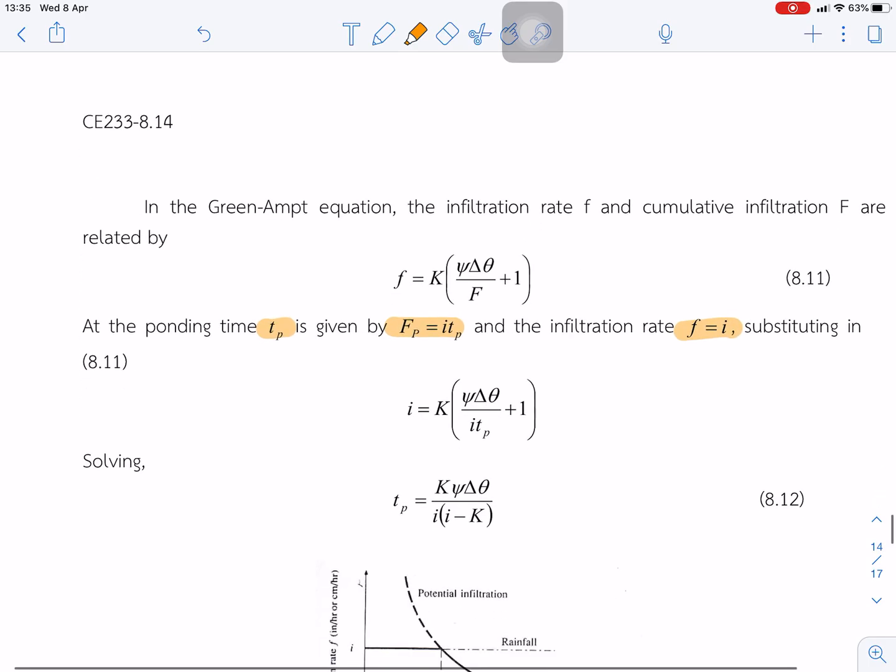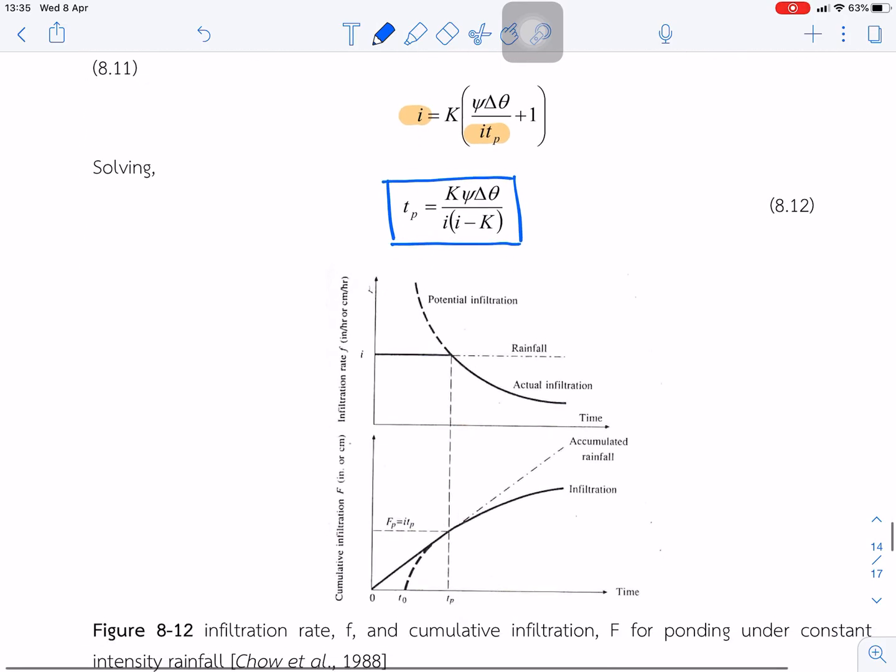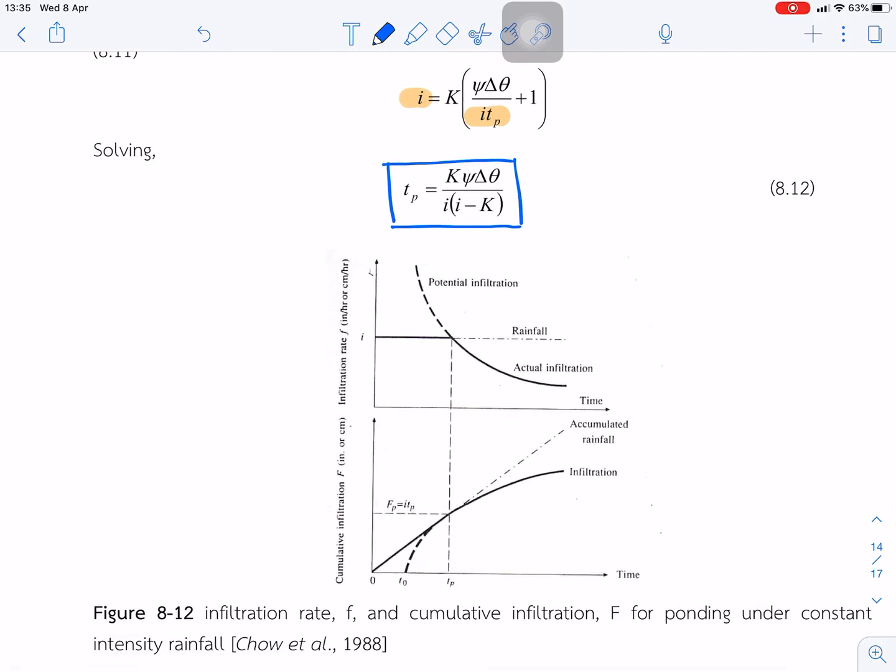So we can substitute i here and it here, and we can derive the equation for the ponding time. Okay, so this is the ponding time. At this point, it means that the rainfall is equal to the actual infiltration.